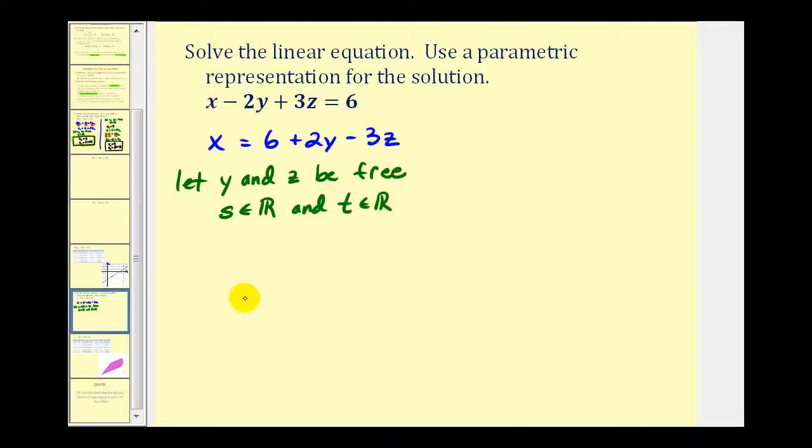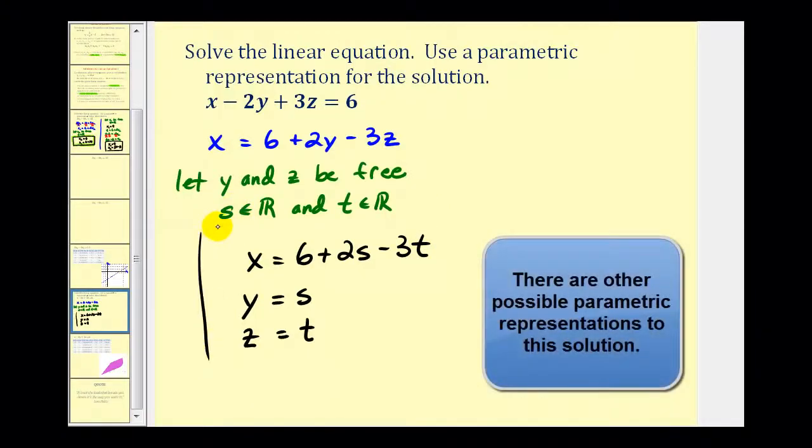So we'll go ahead and let y equal s and z equal t, which means x is going to be equal to, using this equation here, 6 plus 2 times y, but y is s, so plus 2s, minus 3 times z, but z is t. So this would be the parametric representation of the solution to our linear equation.